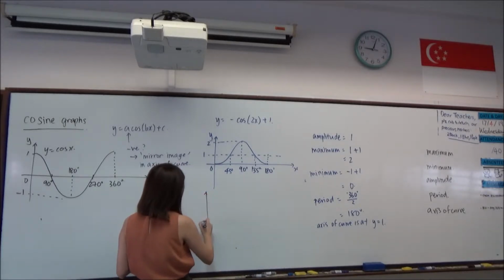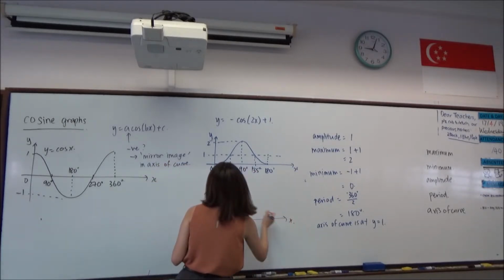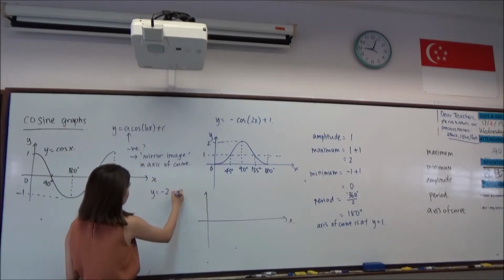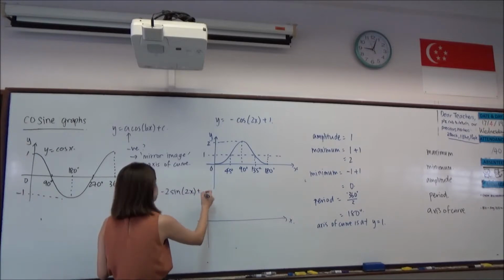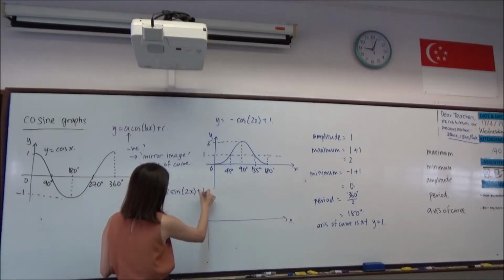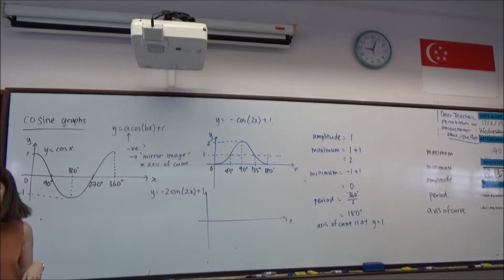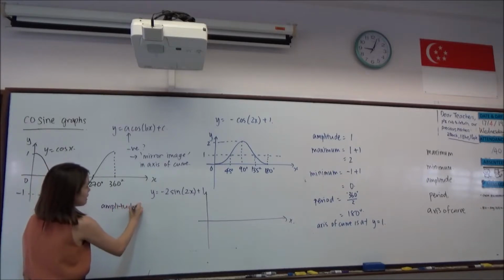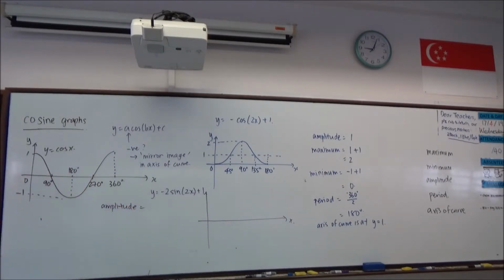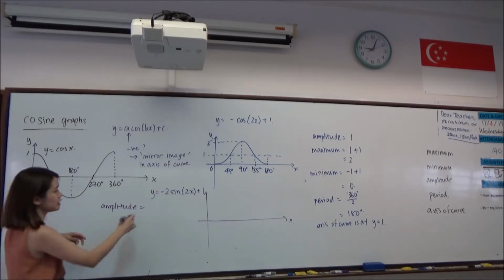So if I were to look at, for example, y equals negative 2 sine 2x plus 1, what would the amplitude be? For negative 2 sine 2x plus 1, it is 2.